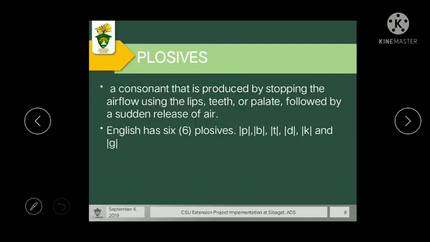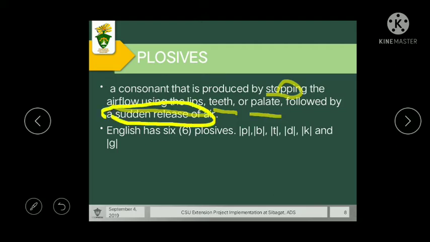Now let's proceed to plosives. A plosive is a consonant that is produced by stopping the airflow using the lips, the teeth, or the palate, followed by a sudden release of air.